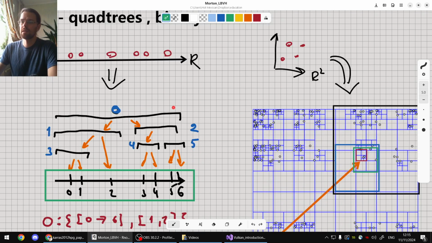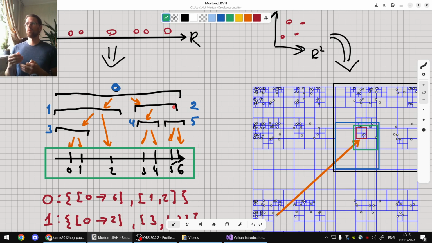So okay, and what you can observe when you're using these structures is that instead of brute forcing all the forces, it is faster to construct some kind of structure which approximates clusters, approximates these points on different scales.